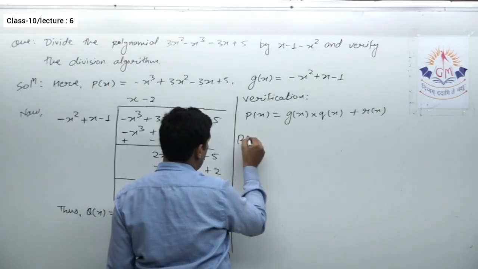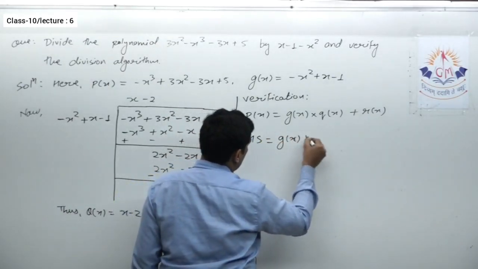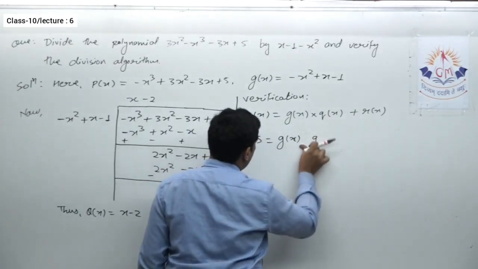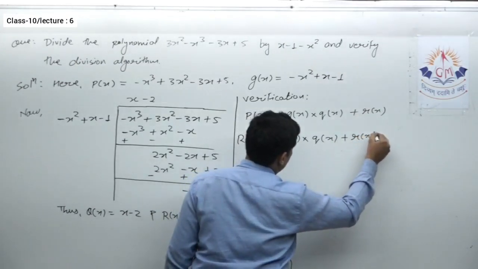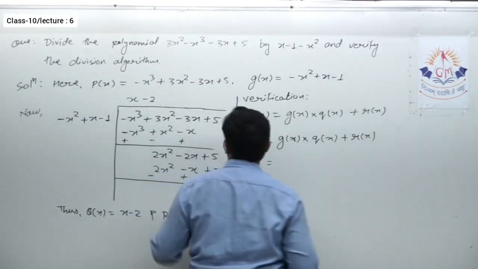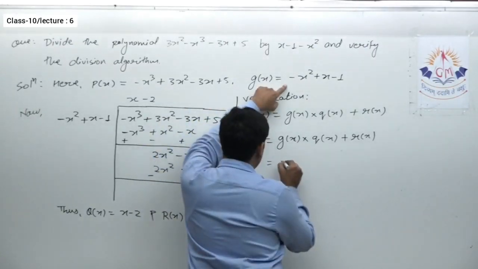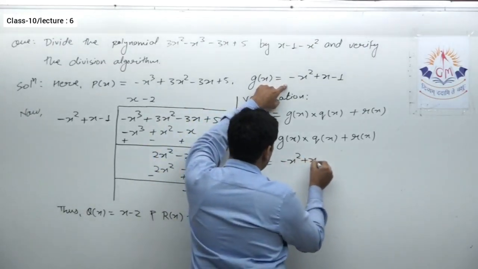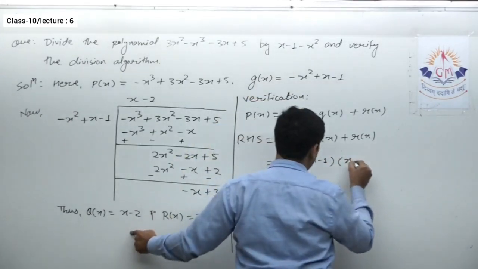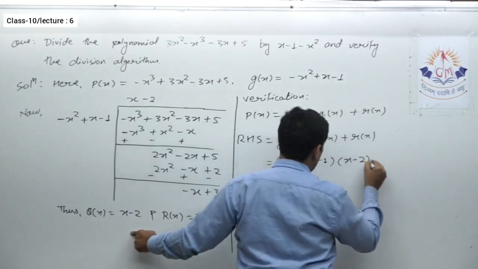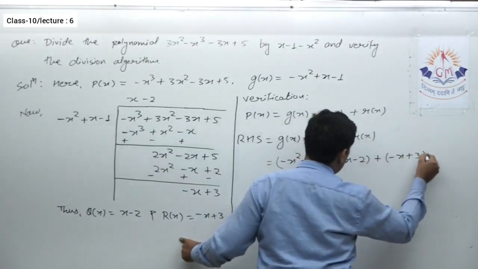So RHS is equal to g(x) multiplied by q(x) plus r(x). Here g(x), the divisor polynomial, is minus x square plus x minus 1, and q(x) is x minus 2. Now I have to add r(x), that is minus x plus 3.